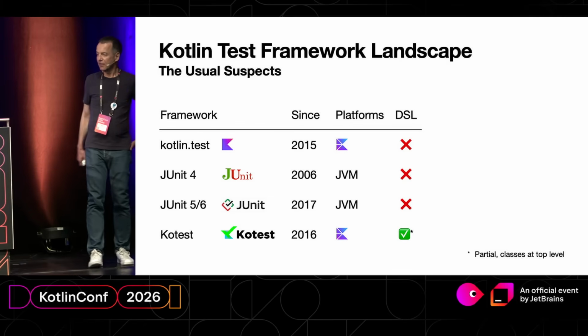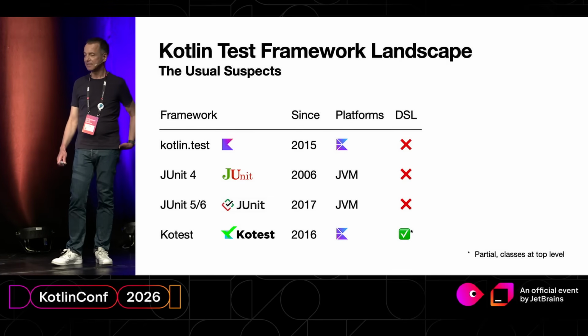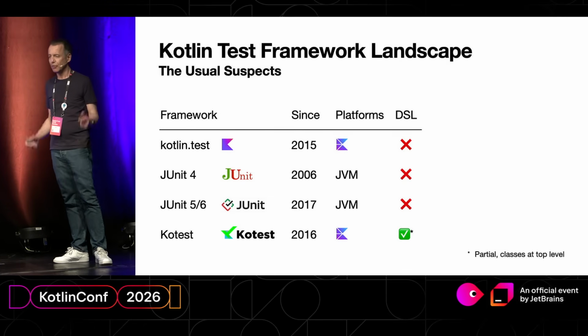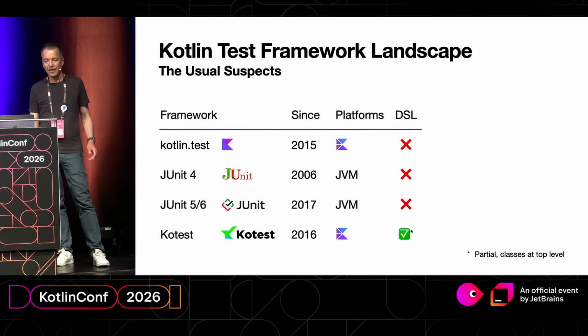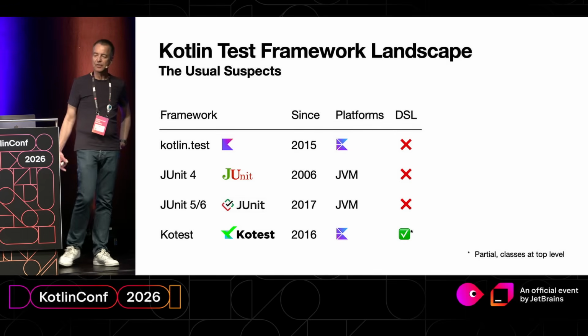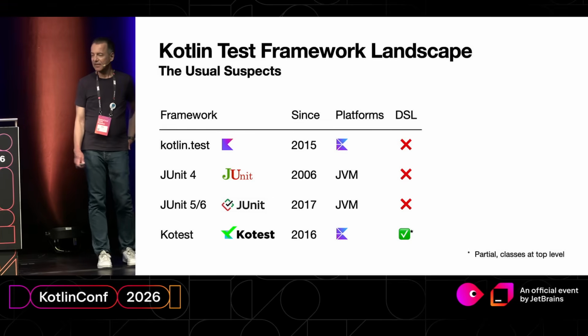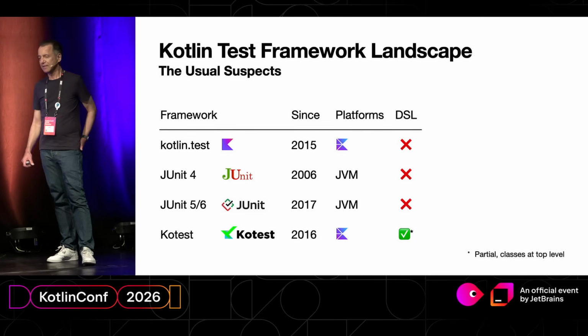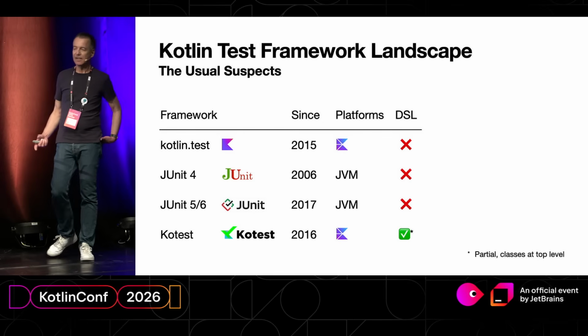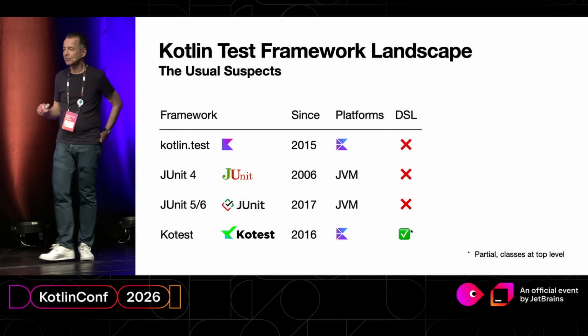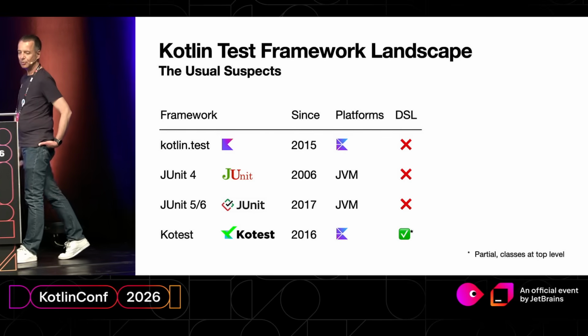And all of the first three frameworks don't have a DSL, so they're not really Kotlin first, right? They feel a bit alien. They come from the Java world. And the fourth framework that's frequently used is Kotest. This is the only DSL-based framework that's in common use. It's multi-platform. It has a DSL, at least partially, because on a top level, it is still using classes.